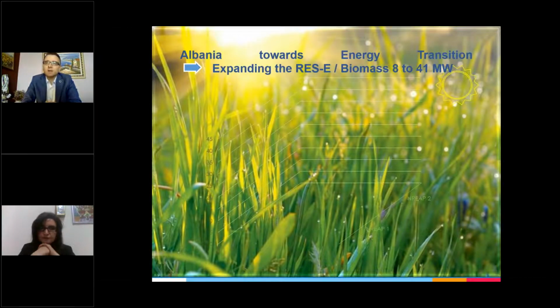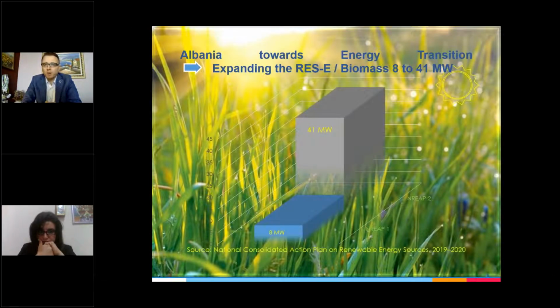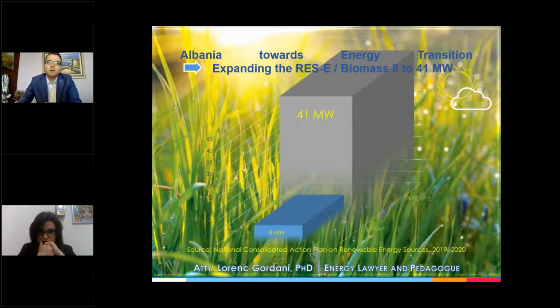Therefore, it is necessary to amend the existing law on biofuels and fulfill it with the provisions of the new European directive, addressing the measures to achieve the target for biofuels and the setting up of a scheme and a body for the verification of sustainability criteria.